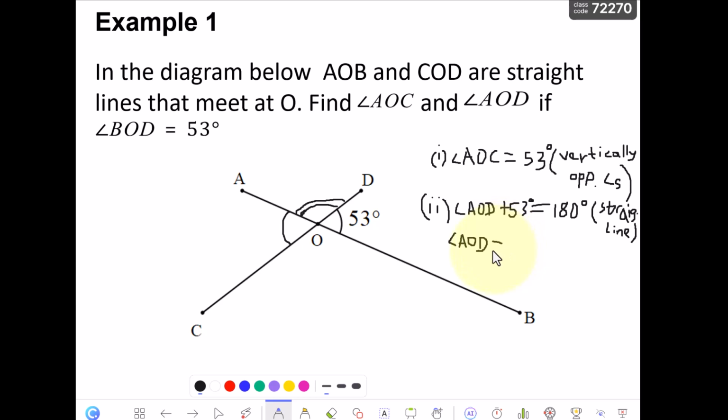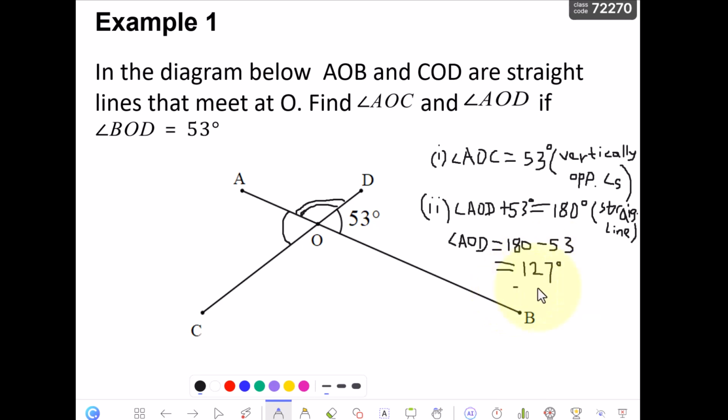It will now become negative on the other side, which will now become 180 minus 53. And that will give us our final result of what? So 180 minus 53. Can we check it very fast? So 180 minus 53 is 127. So that is the AOD.